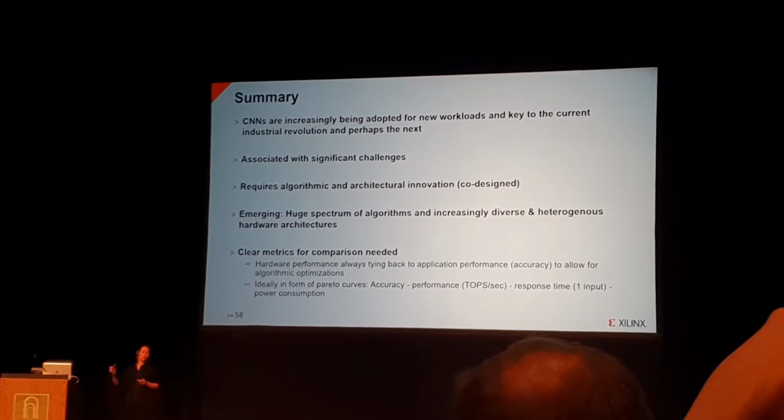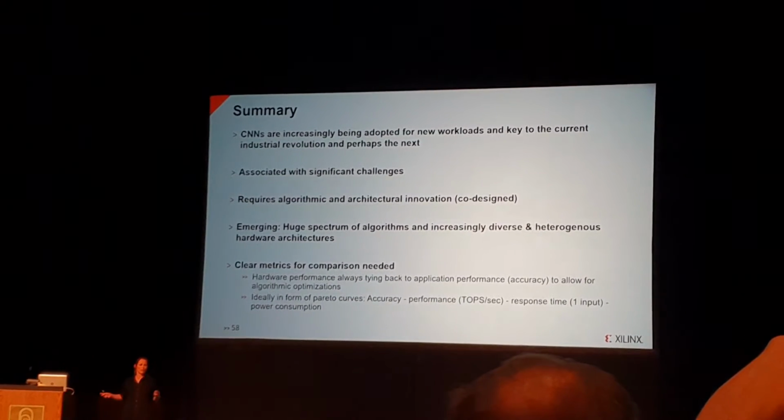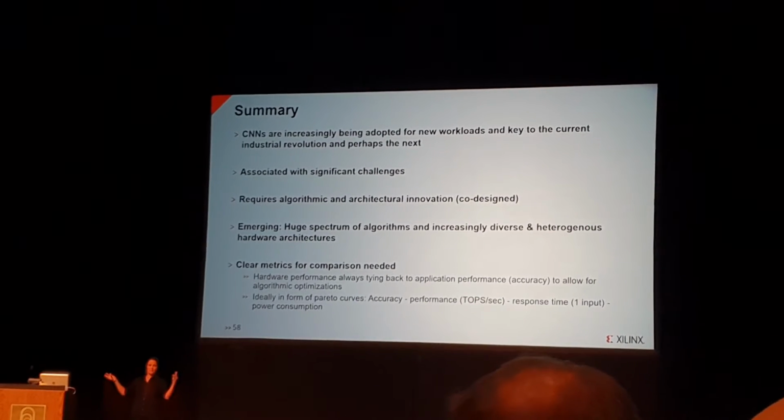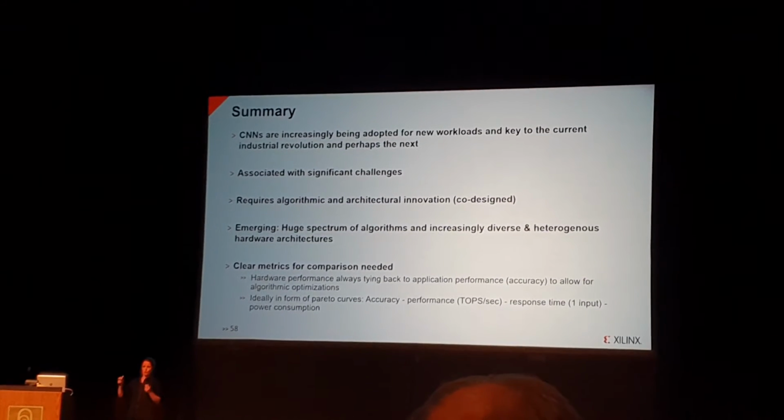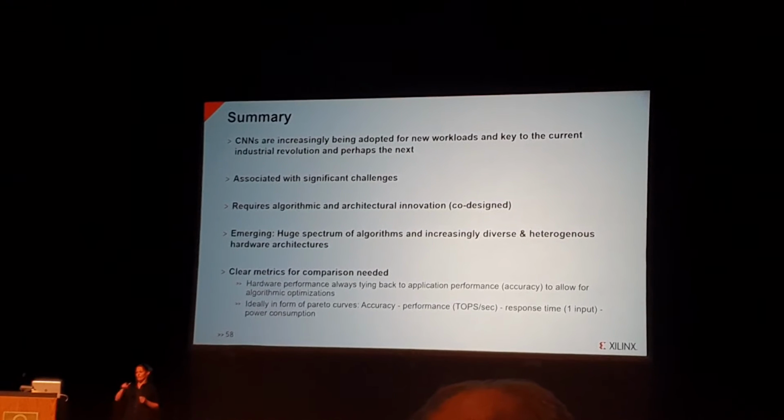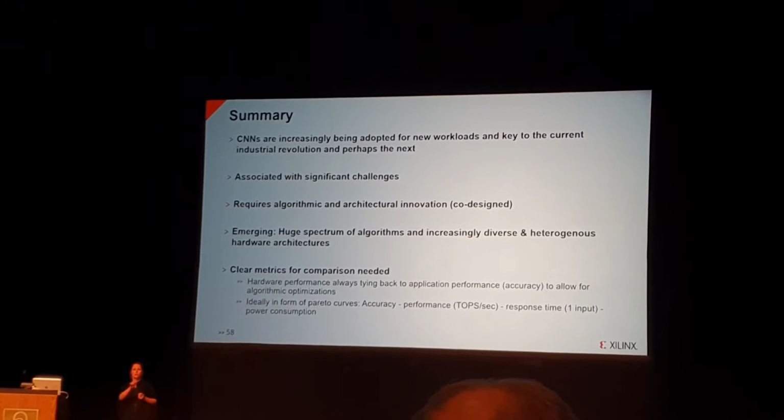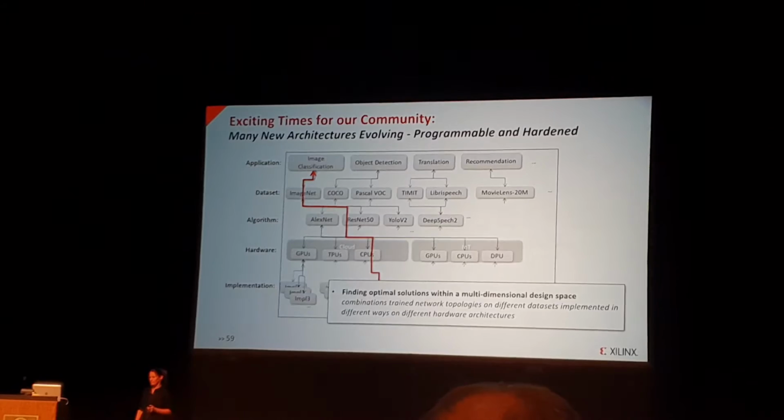And ideally, you don't just compare one endpoint, but you visualize and fill out that design space so that, depending on your specific application requirements, we can pick the optimal solutions along the Pareto curves.